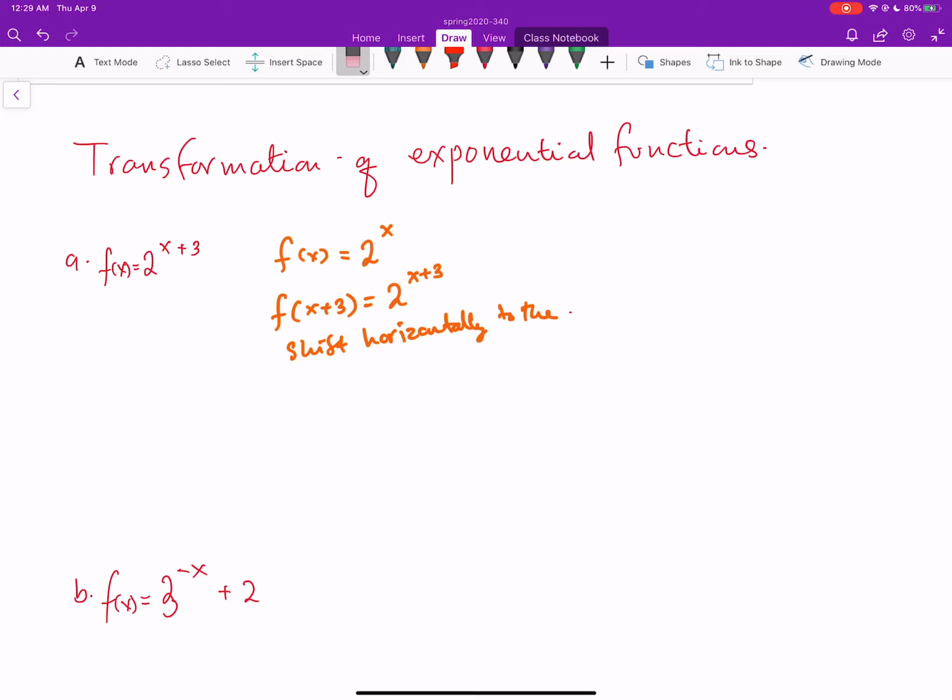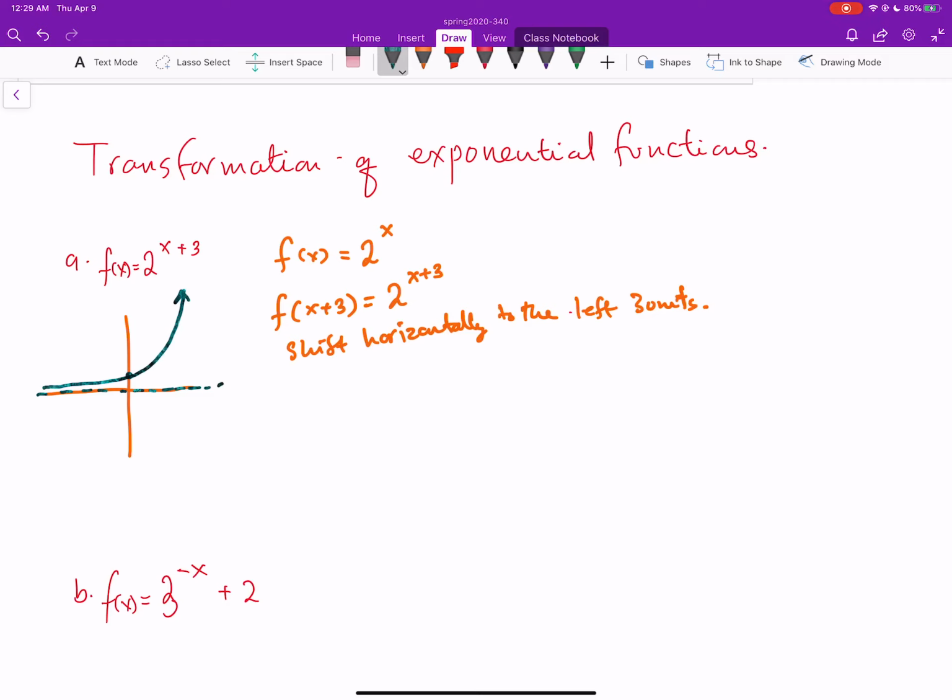Let me rewrite this. To the left, 3 units. We know the base graph of this function here. It's got a horizontal asymptote, and then the graph passes through 0, 1, and since the base is bigger than 1, it increases from left to right.